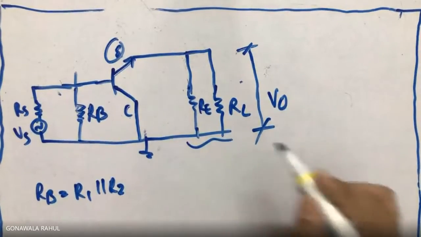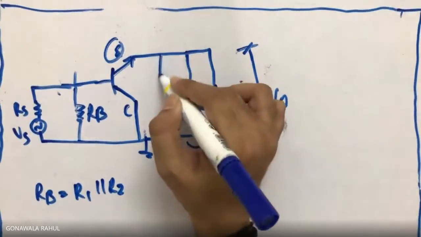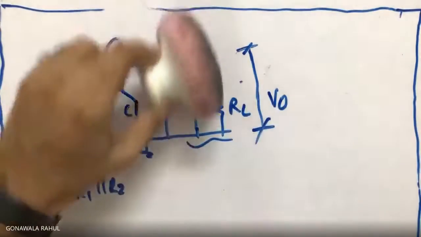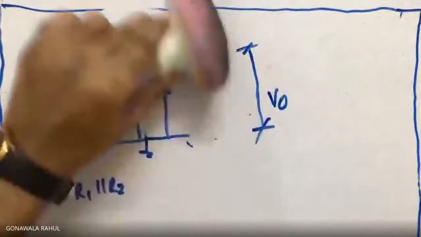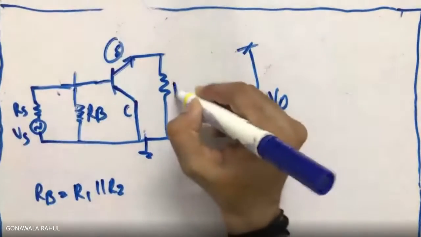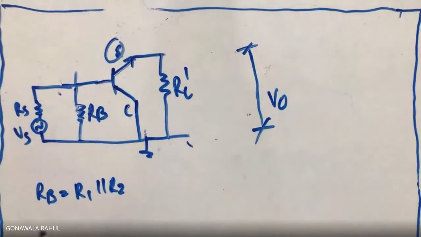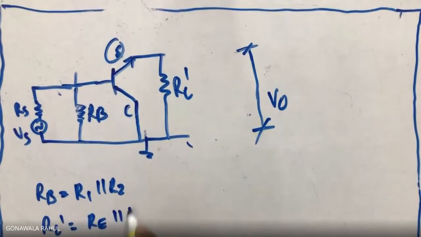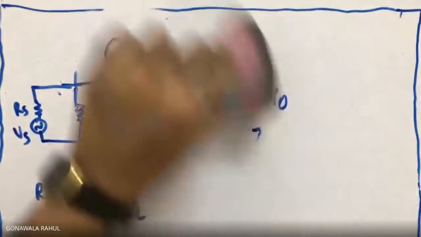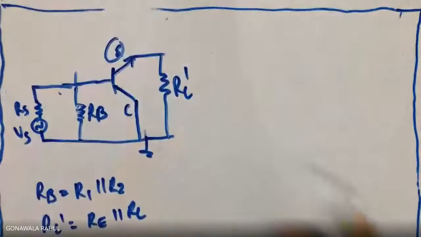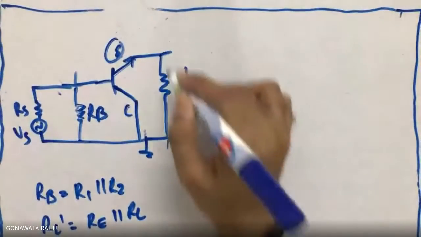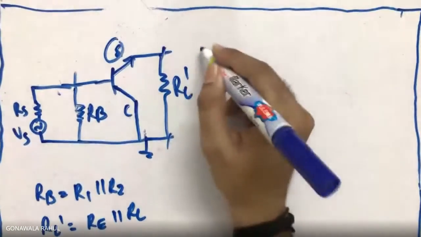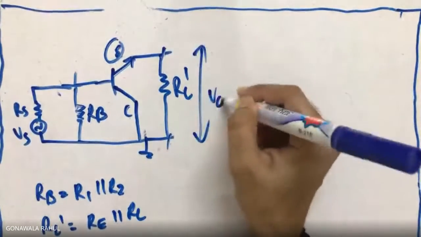I replace it with the name RL dash, where RL dash is equal to RE parallel RL. So the circuit is very simple now, and across this we are going to get the output voltage Vo.